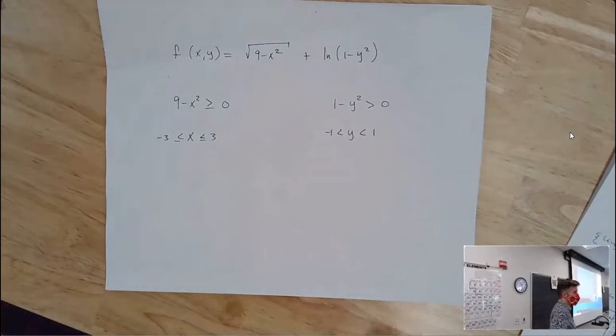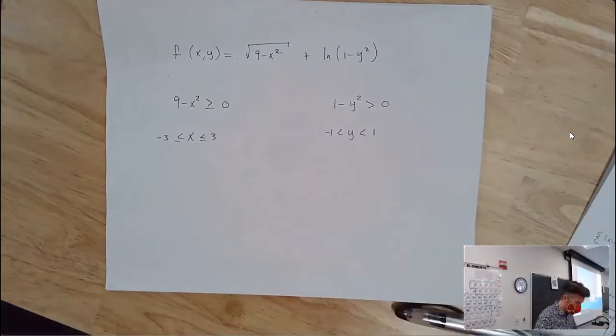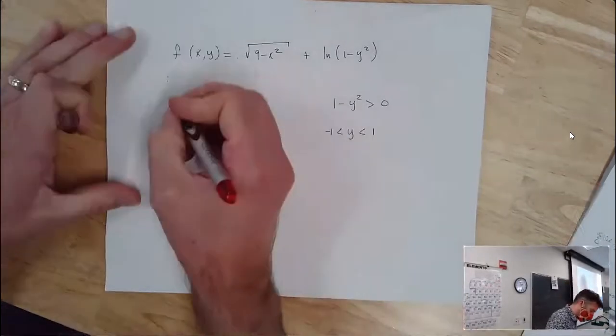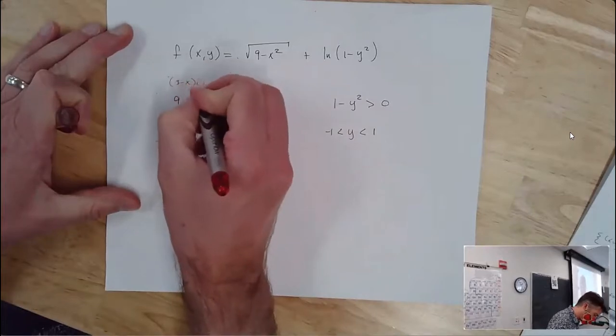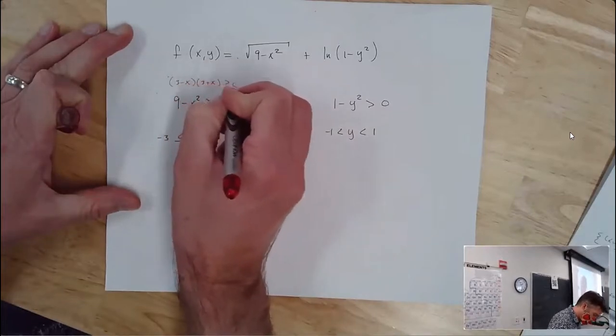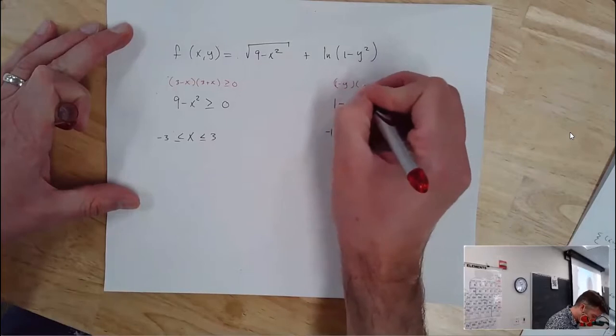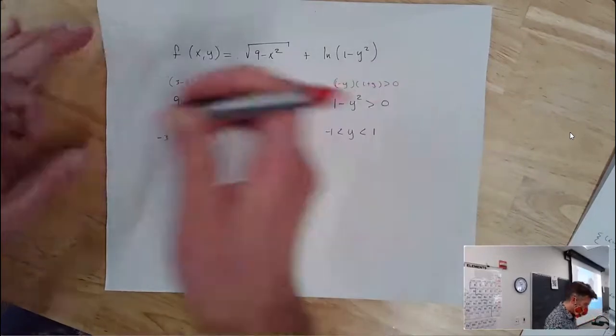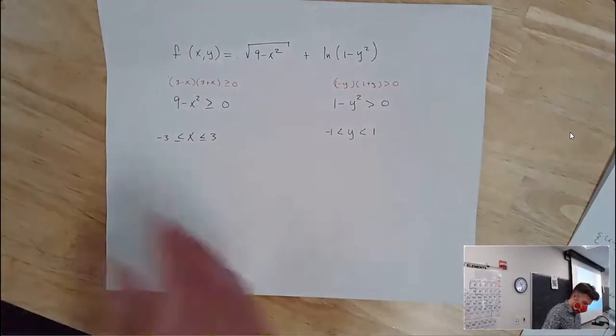If y is bigger than 1, we don't satisfy the inequality. If y is less than negative 1, we don't satisfy the inequality. You could also do this with some factoring, right? You could be like, oh yeah, this is 3 minus x times 3 plus x. This is 1 minus y times 1 plus y. But that's not really the point of this question.